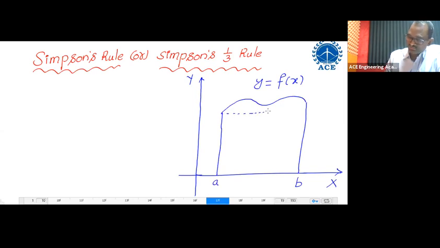The purpose of trapezoidal rule and Simpson's rule is to find the integral a to b f of x dx, which means the area under the f of x curve between the lines x equals a and x equals b.